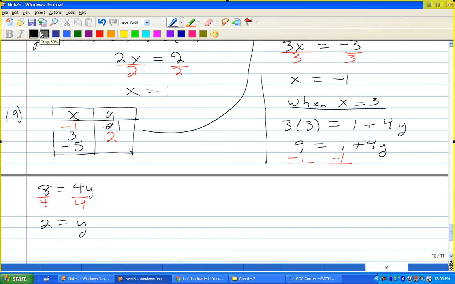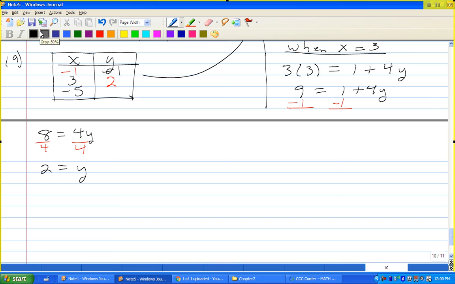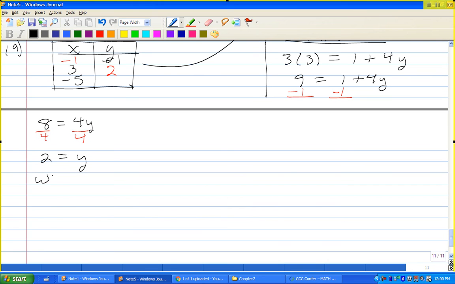Lastly, let's see what happens when x equals negative 5. I have 3 times x equals 1 plus 4y. 3 times negative 5 is negative 15.